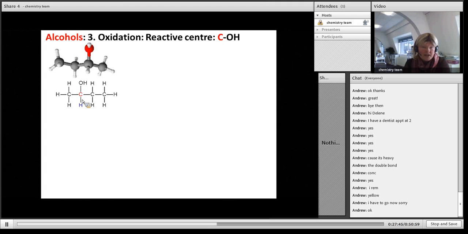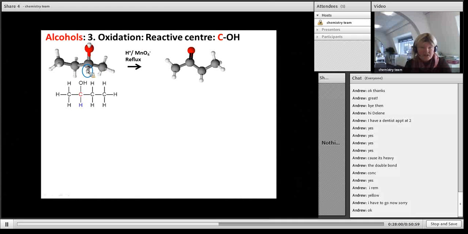So there's the hydrogen I'm going to remove, and I treat it with a strong oxidizing agent like permanganate or dichromate, and I will get a carbonyl group. So I remove pretty much this hydrogen and that hydrogen up there, and I form a double bond. So that is the oxidation, where I take a secondary alcohol to form a ketone.